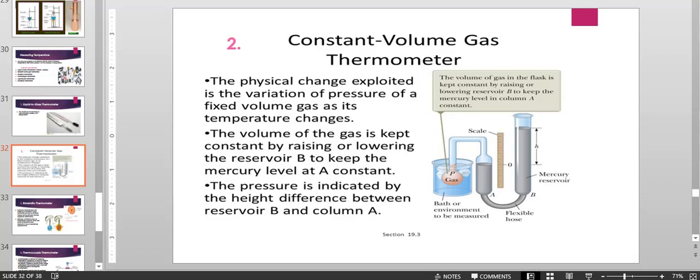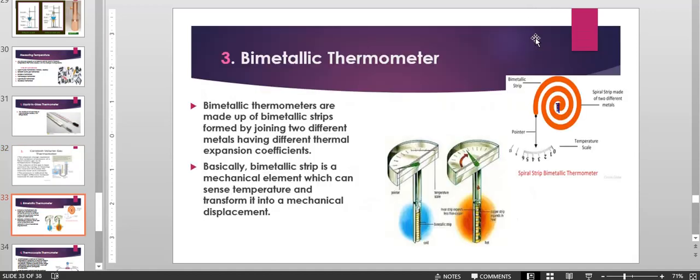Now I hope that you have a better understanding of this topic, that is constant volume gas thermometer. Now let's discuss the other type of thermometer, which is known as bimetallic thermometer. A bimetallic thermometer is made up of bimetallic strips formed by joining two different metals having different thermal expansion coefficients.